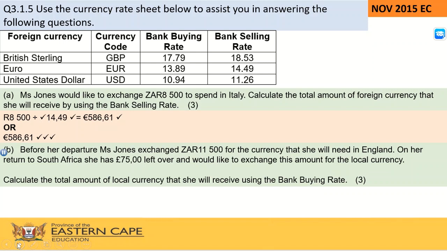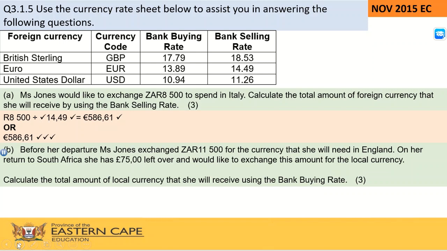So your calculation should read something along the lines of 75 pounds multiplied by, now which one are we going to choose? The British sterling, the euro, the United States dollar? Remember, this is England, so we must use British sterling. And the bank buying rate in this case, 17.79.